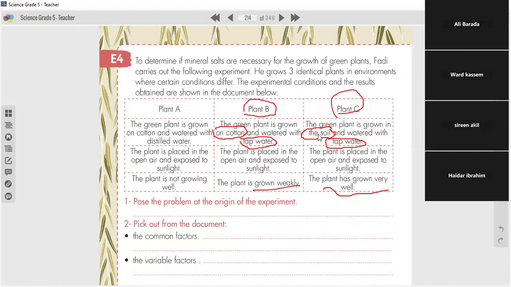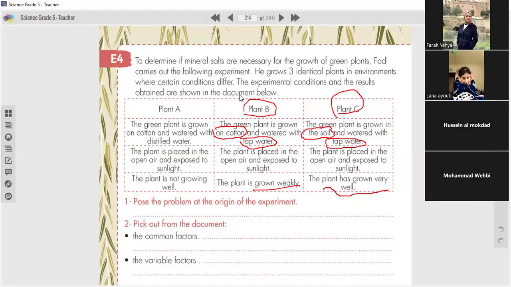Do you know, Haidar, what the soil has inside it that lets the plant grow better? Why does the soil let the plant grow better than cotton? Why is soil better to use? Yes, Haidar, I can't hear you well. Okay, it has water. Mineral salts, actually. Mineral salts, yes.